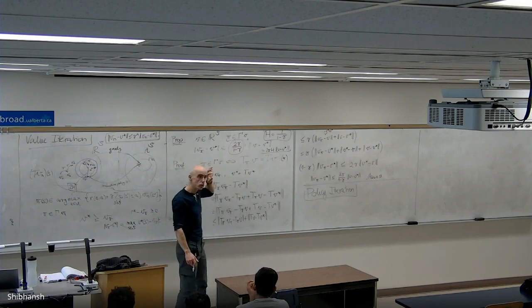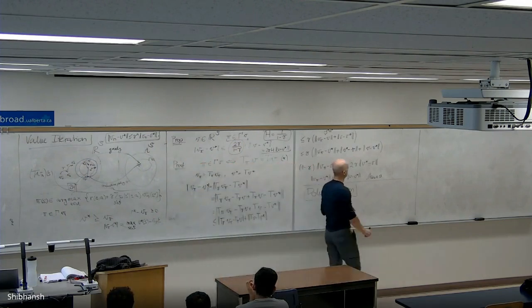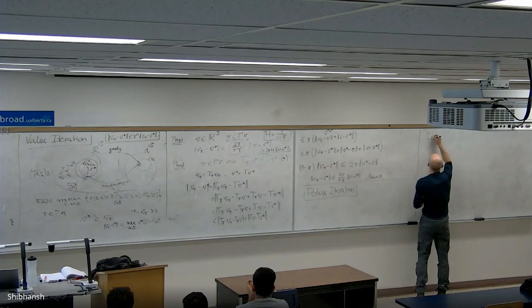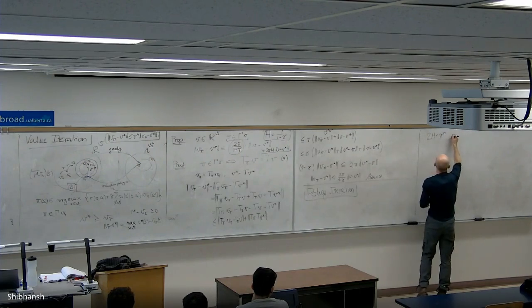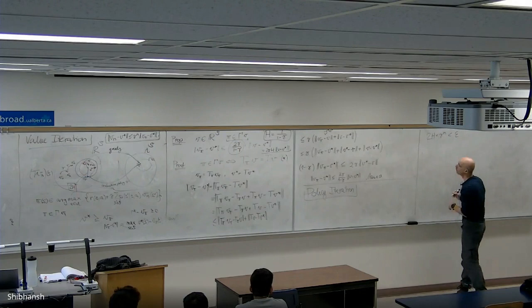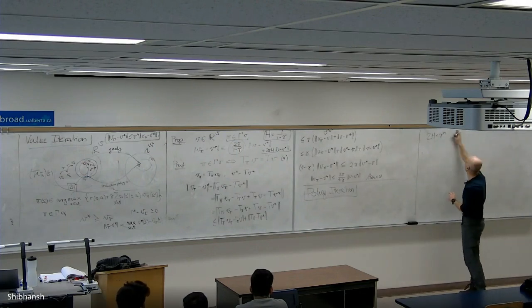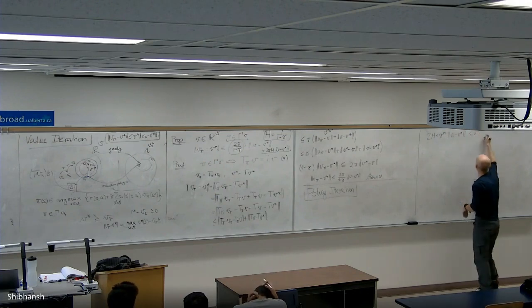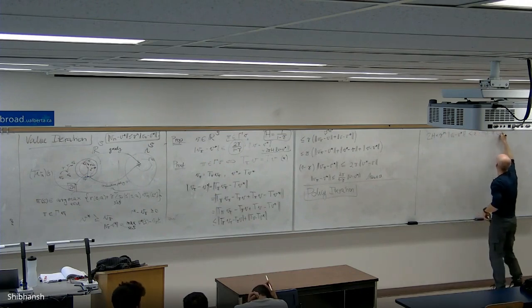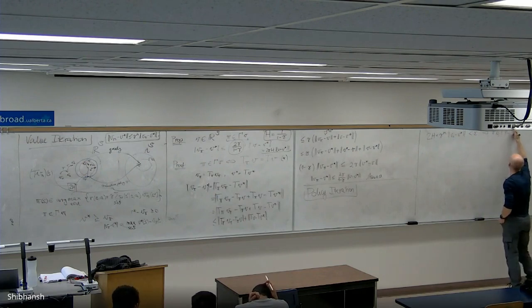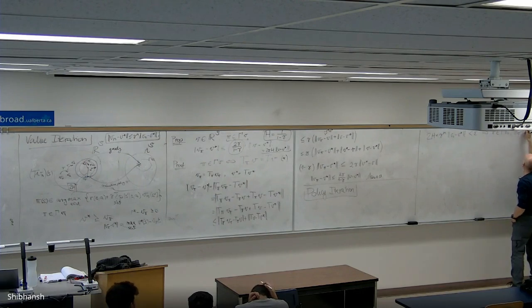So if 2h times gamma^n is smaller than or equal to epsilon, well, okay, there is one more factor: V naught minus V star. If this is smaller than epsilon, then it follows that pi, which is greedy with respect to Vn, is epsilon-optimal. V pi minus V star is going to be smaller than or equal to epsilon.